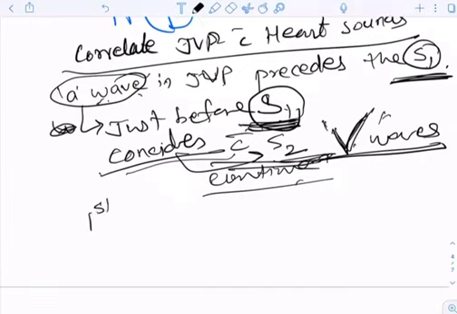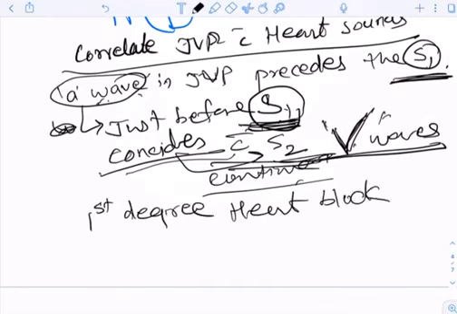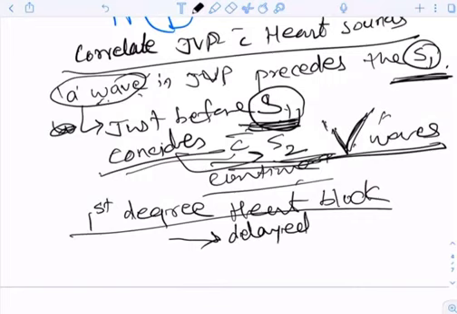What happens in cases of first degree heart block? We know there is PR interval prolongation, such that the impulse is delayed at the AV node more than physiological.